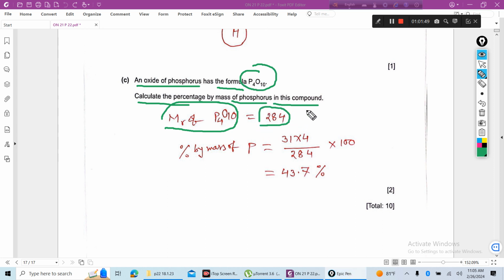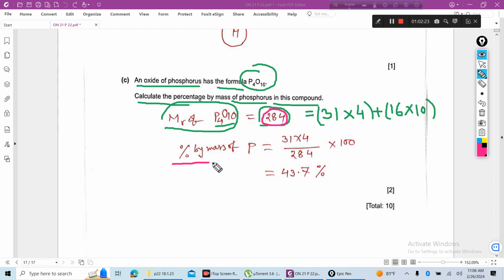How do you get it? Phosphorus relative atomic mass 31 times 4, there are 4 phosphorus, plus oxygen 10, relative atomic mass 16 times 10. If you add, you will get the relative molecular mass of phosphorus pentoxide, 284.